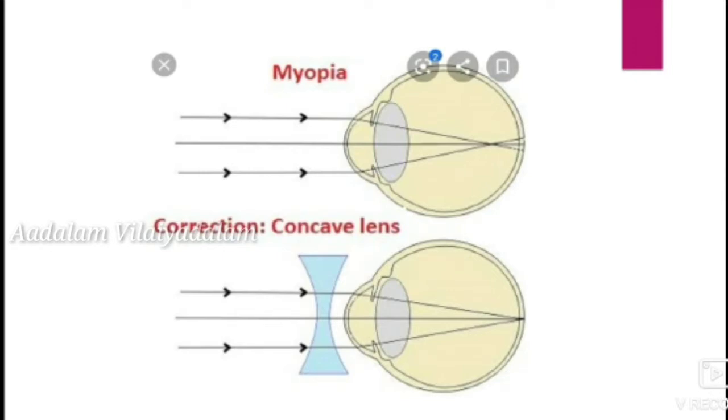So myopia is short-sightedness, and during this defect nearby objects can be seen clearly but distant objects cannot. This defect is corrected using a concave lens.